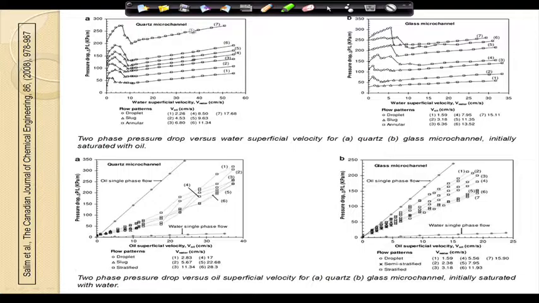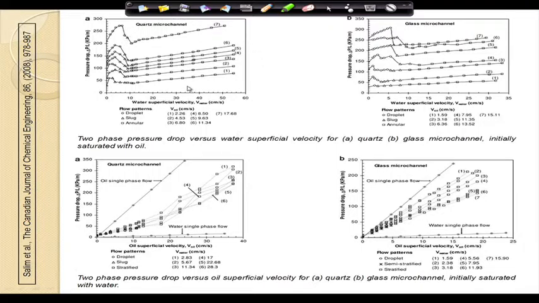And then naturally after a time the pressure drop increases because the superficial velocity increases. Such a situation does not arise in this case, because when we introduce oil in water, the effective viscosity goes up, it does not come down. So there is a steady increase in this case.